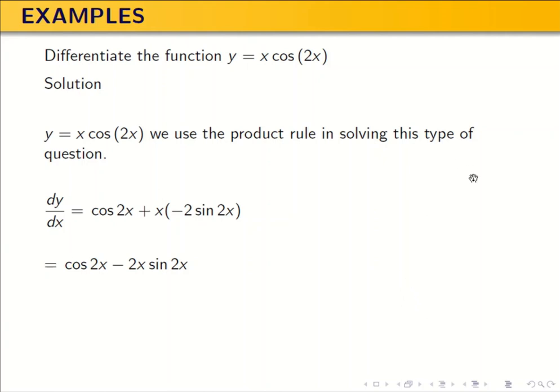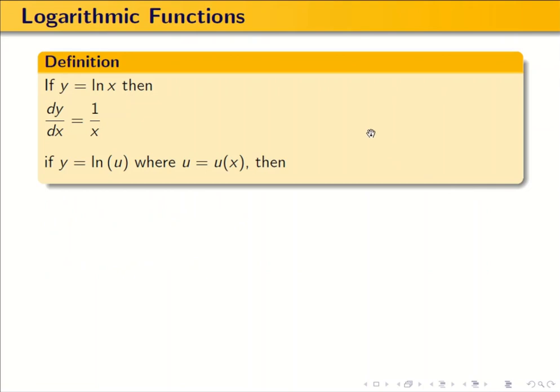So now, once we are cool with derivatives of trigonometric functions, let's go through and see logarithmic functions and know how to go about it. So logarithmic functions. If I want to differentiate logarithmic functions, you need to know this definition. This will help us differentiate every logarithmic function.